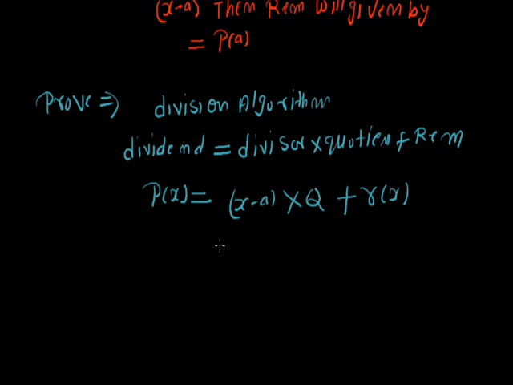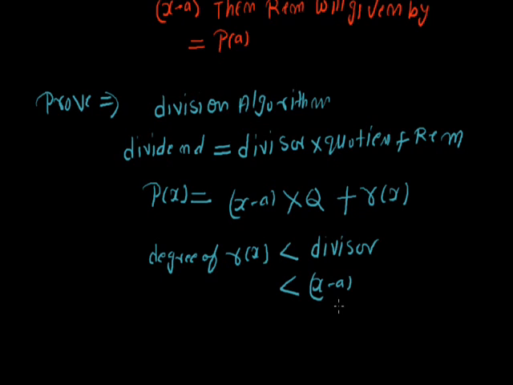Now, since the division algorithm is true, we can write that the degree of r(x) is less than the degree of the divisor. Here our divisor is x minus a. What is the degree of the divisor x minus a?